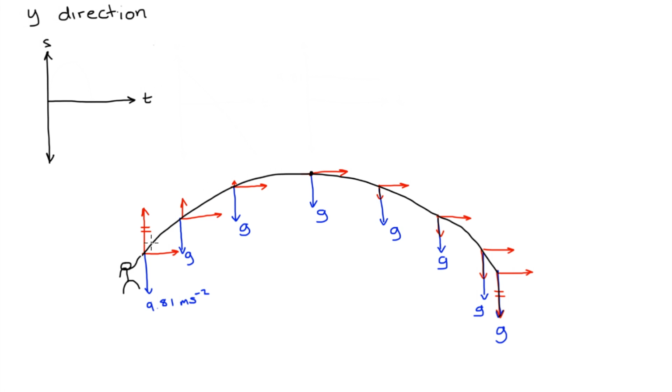As we can see, the velocity starts off initially really high as he whips it out of his hand, and it gets slower and slower until it reaches the top. So this means that the gradient must be getting less and less until it's eventually 0, where the vertical velocity is also 0.